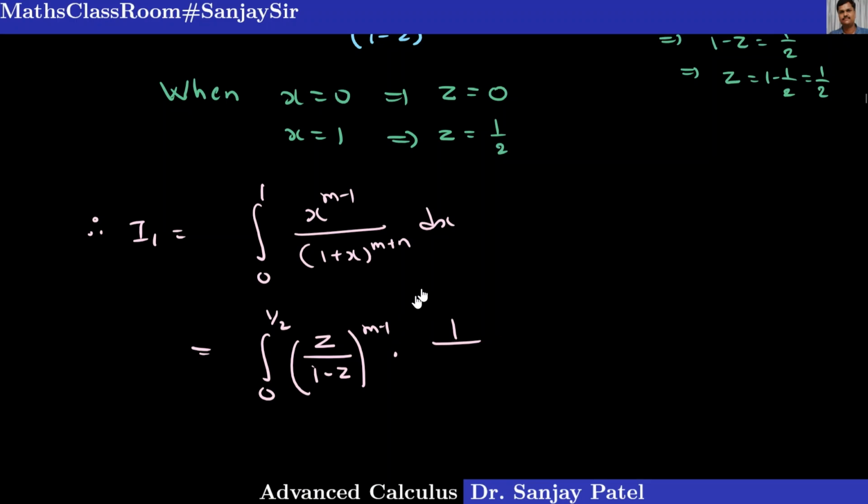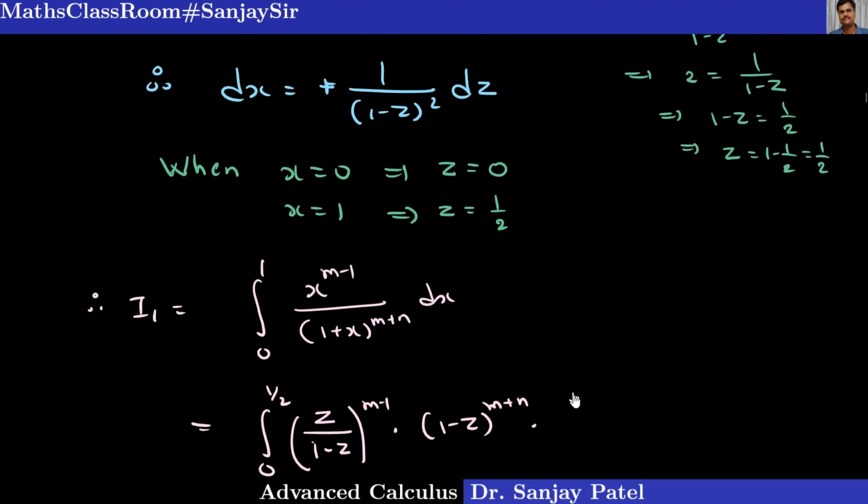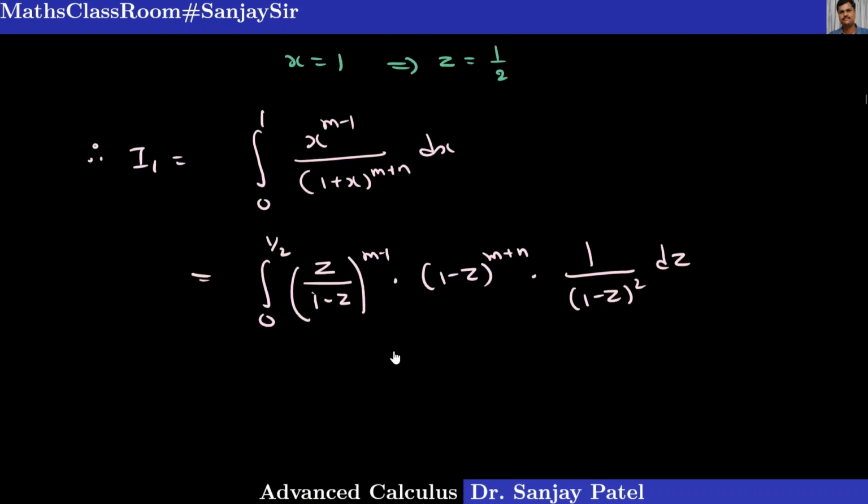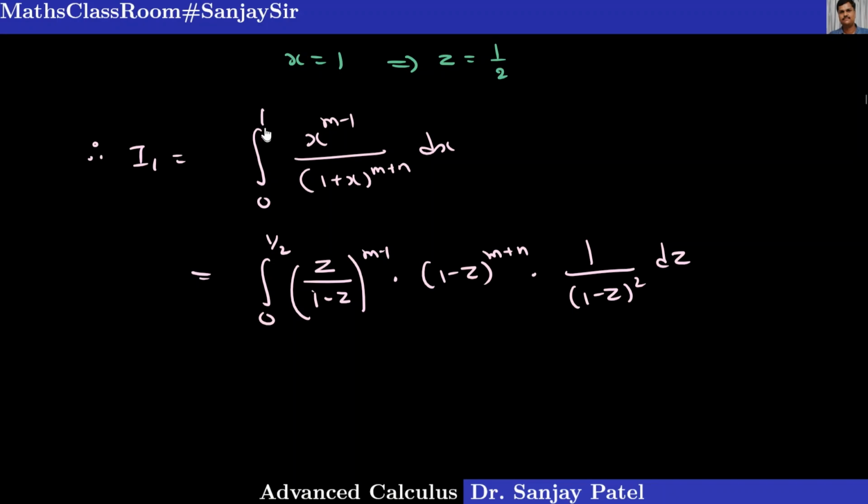So 1 upon 1 plus x is replaced by 1 minus z raised to m plus n, and dx is replaced by 1 upon 1 minus z square dz. It is this differential. So I am putting this value in place of dx. Remember, I replaced that 1 upon 1 plus x by 1 minus z.